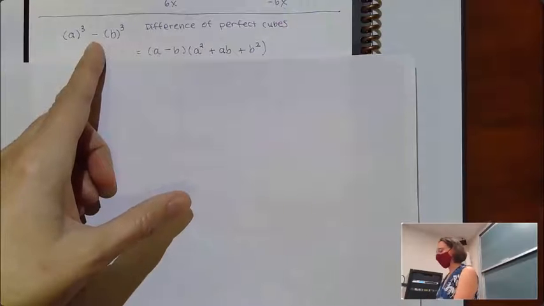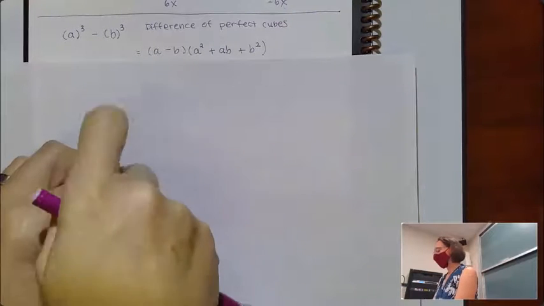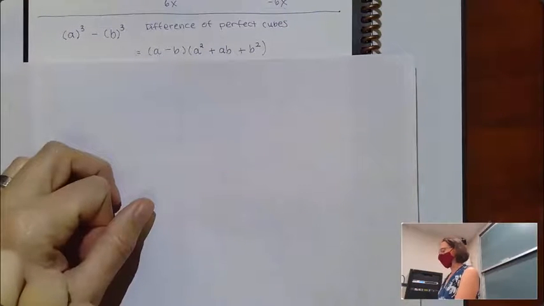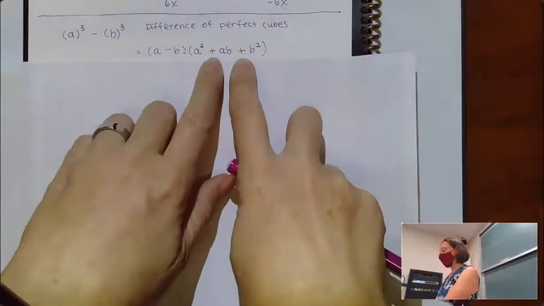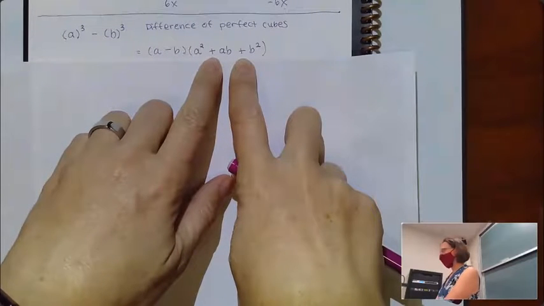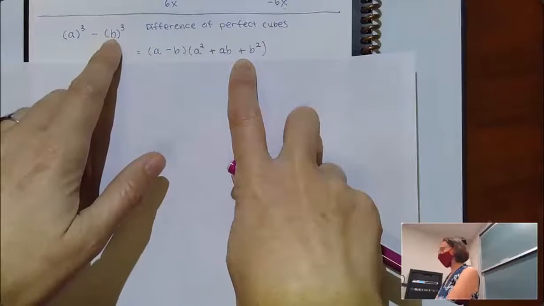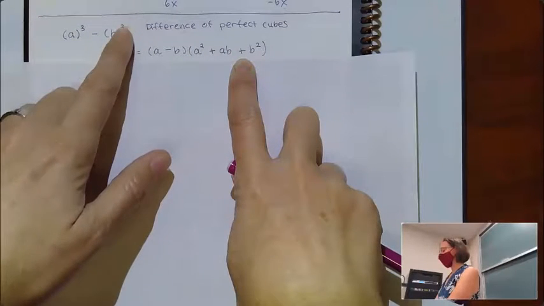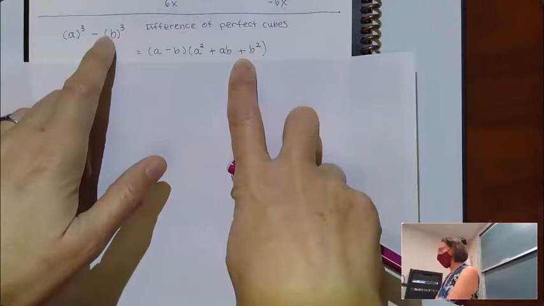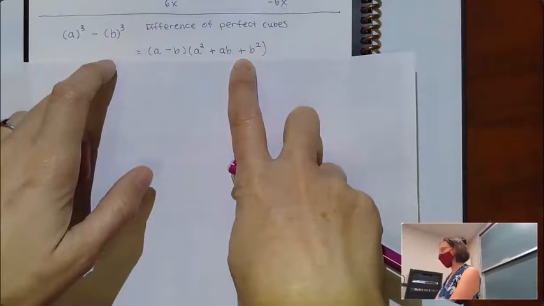The formula is already something cubed minus something cubed, and these terms are both positive. I don't know if that helps. If you want to think about it as a negative b cubed, you would actually be adding a negative b cubed.